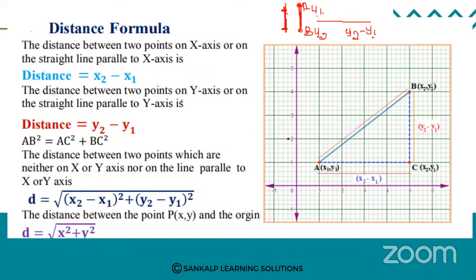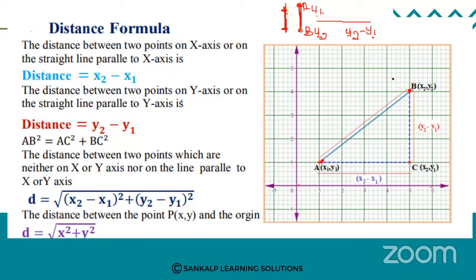See, this is the x-axis, this is the y-axis. Our point is not on the x-axis or the y-axis, nor parallel to either. So here there is a point. This is point A and B.